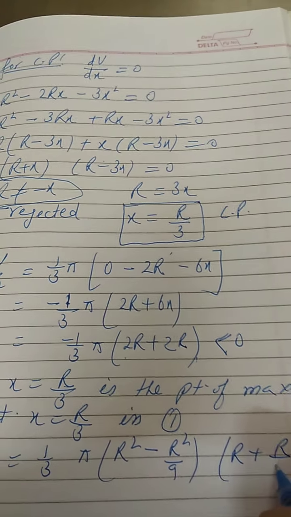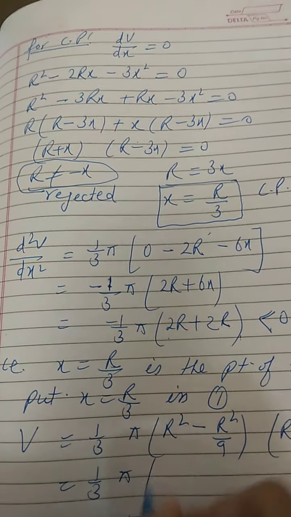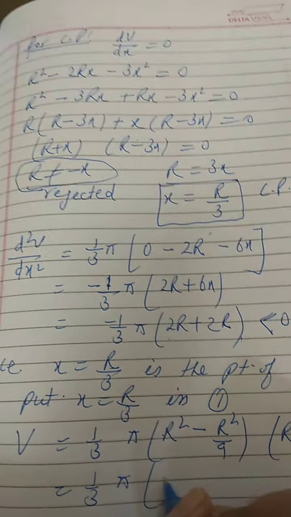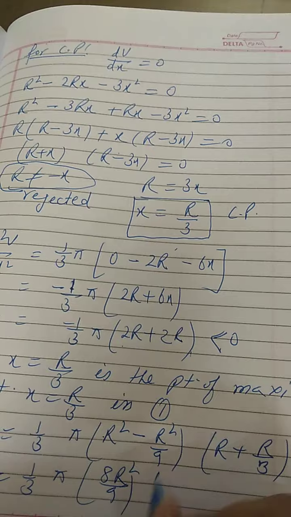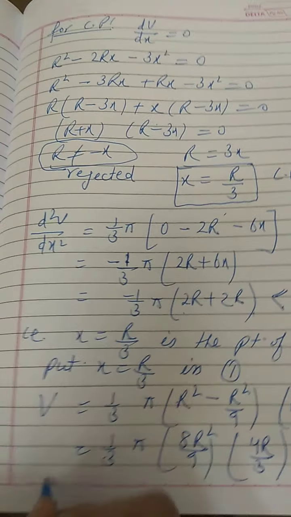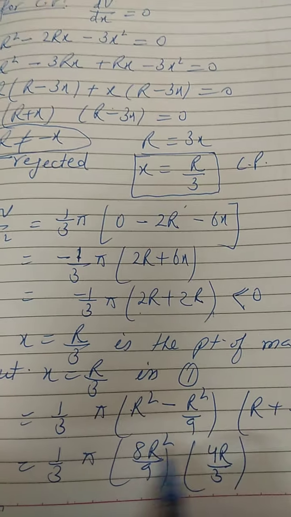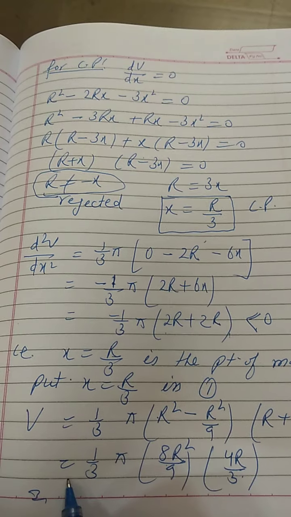So r plus r by 3. So this is 1 by 3 pi, 9r square minus, it will be 8r square by 9 into, this will be 4r by 3. Okay, now 8 into 4 and this 9 into 3.